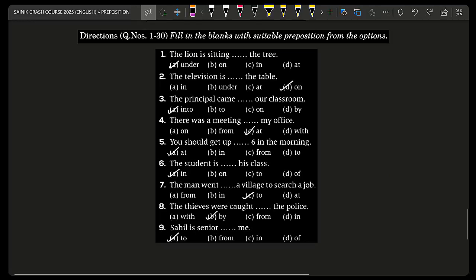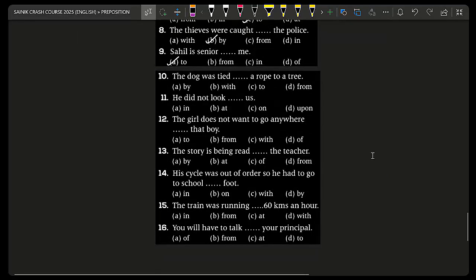So all of you be ready to give answers for the next upcoming questions, starting from the 10th one. Who will try the next three questions here? Rishika, will you try the 10th question? The dog was tied dash a rope to a tree.